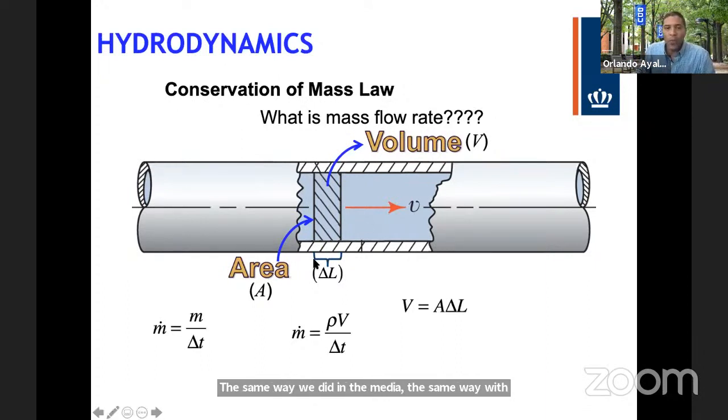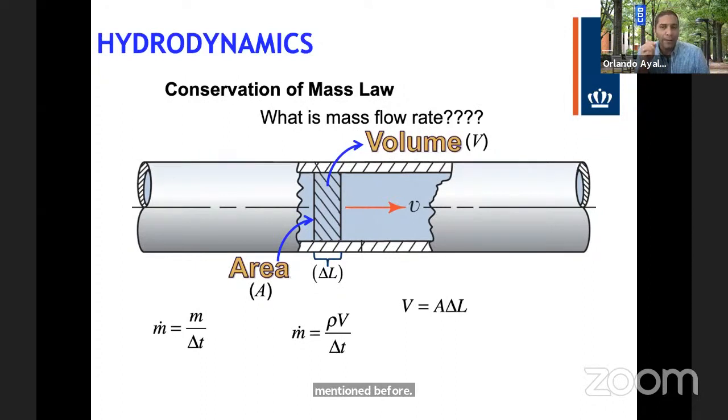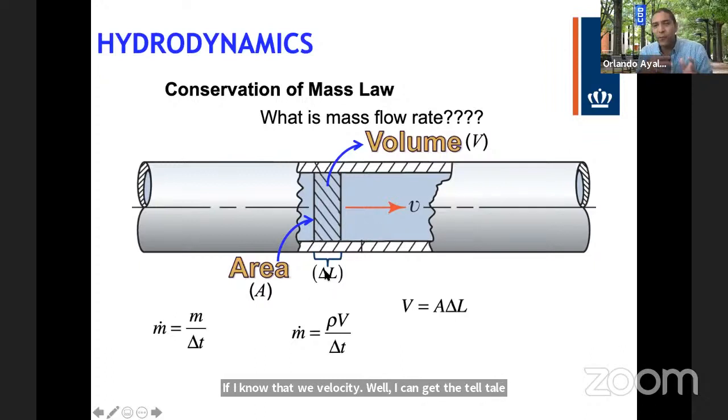Now, other than measuring this delta L by getting a ruler and measuring, as I mentioned before, I can also do the following. If I know the fluid velocity, which every now and then we know, I can get this delta L. Because listen, the faster the fluid is moving, the higher that velocity is, the longer that delta L will be for 1 second.